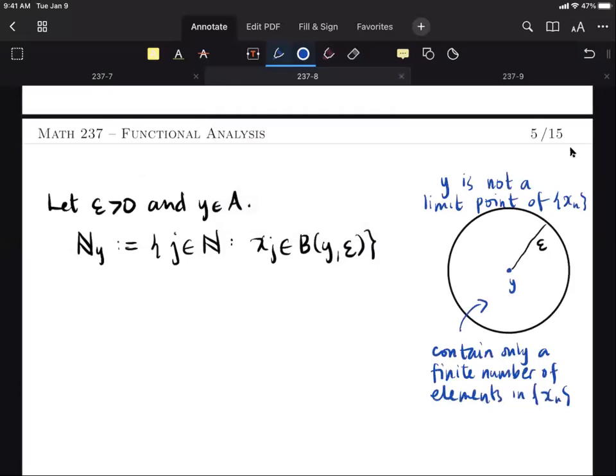Otherwise, if it contains an infinite number, then you can reduce the ball. Then this y would be a limit point of xn, which is not the case. So in other words, if it contains a finite number of elements in xn, then this is finite.